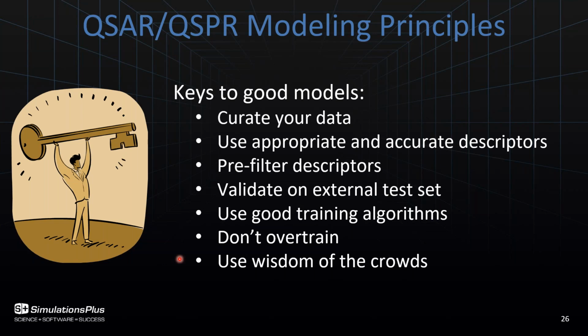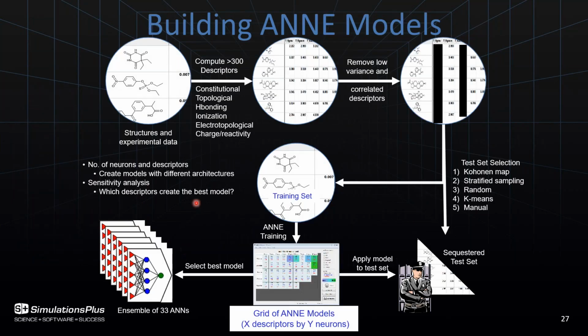And then finally, we use wisdom of the crowds. We don't use a single artificial neural network. We use 33 artificial neural networks and then either take the average or we do some really nice things with classification models. This next slide just talks through building an artificial neural network ensemble model.